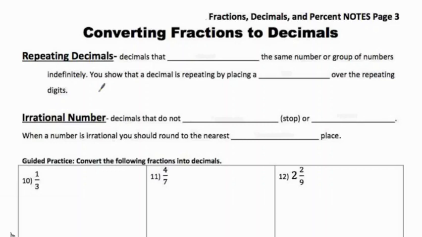So repeating decimals are decimals that repeat the same number or a group of numbers indefinitely, or over and over. You show that a decimal is repeating by placing a bar over the digits. Just like we did on that other page, we had 5, 5, 5, and then we put a bar on that last 5. That shows that the 5 goes on forever and will never stop.